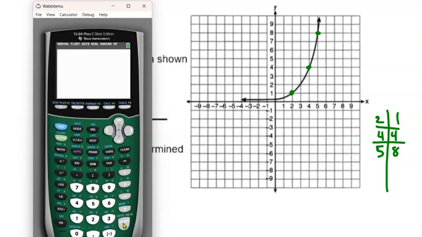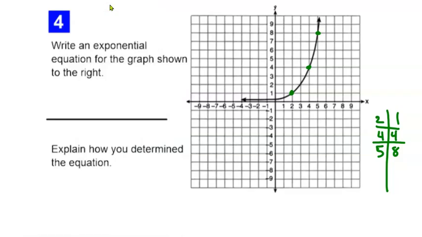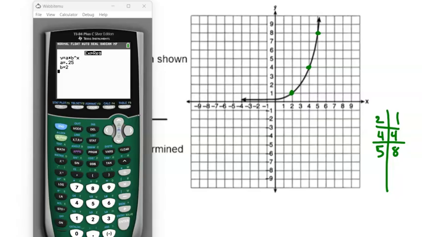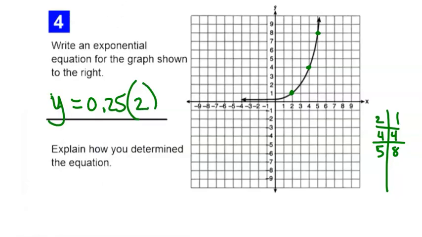So I'll press enter a few times here, and I get a is 0.25. Y is equal to 0.25, and b was 2, raised to the x power.